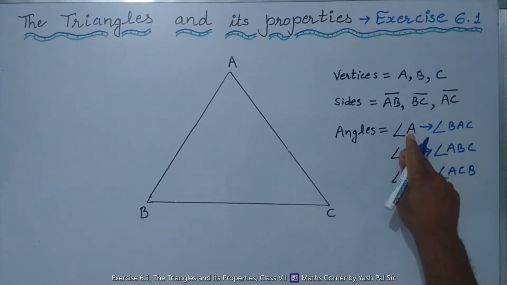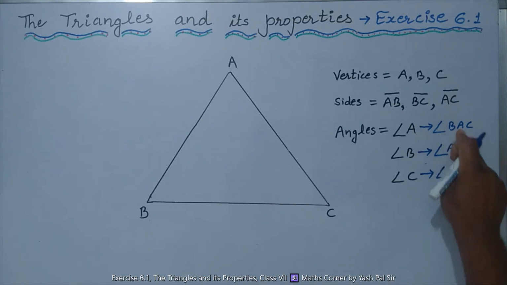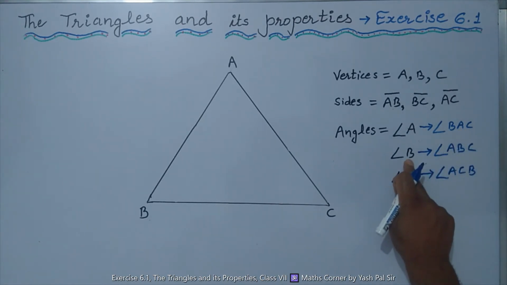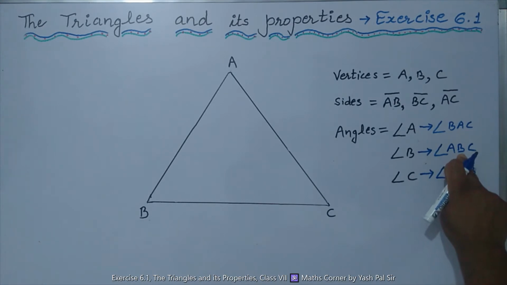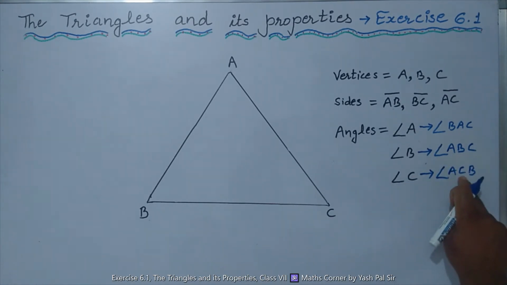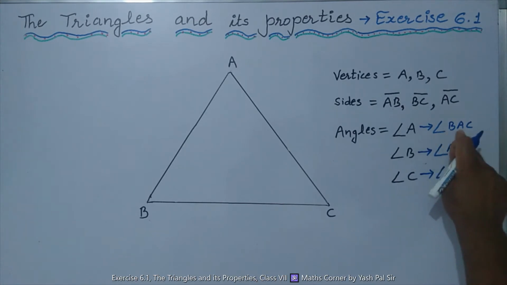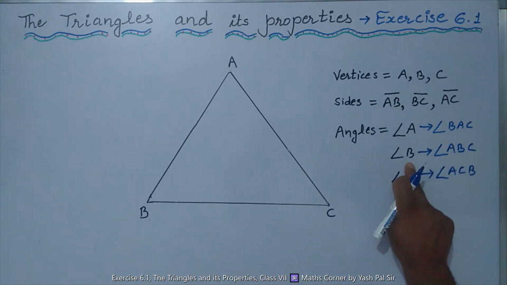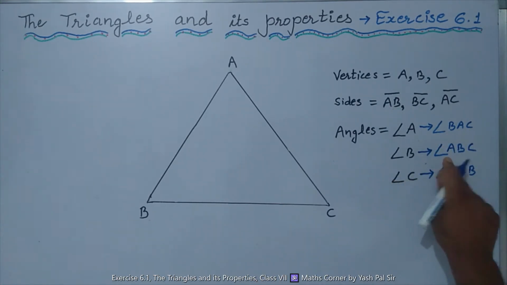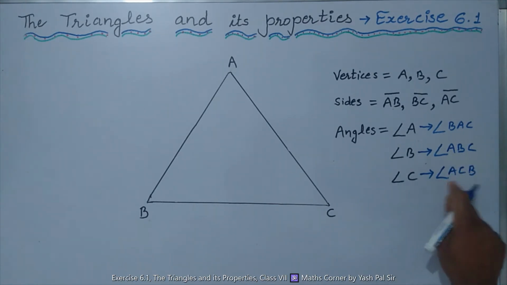If we are discussing angle A, then A should come in the middle. If we are discussing angle B, B should come in the middle. If we are discussing angle C, C should come in the middle, right? So we can write angle A equal to angle BAC. Angle B is equal to angle ABC. Angle C can be written as angle ACB, right?